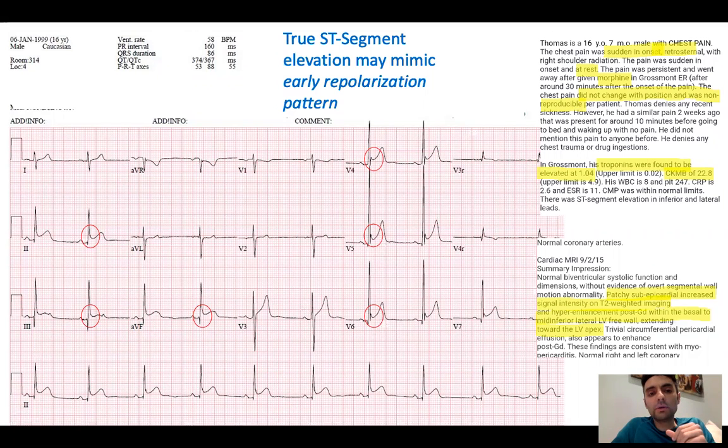In this case, at first glance, if you don't know the history, you may say this patient has early repolarization because he's a young individual. And then we said the ST segment change is in left and inferior leads. And in this case, there is concordance. ST and T waves are definitely concordant, except in lead III it looks a little bit funny, but otherwise it's concordant.